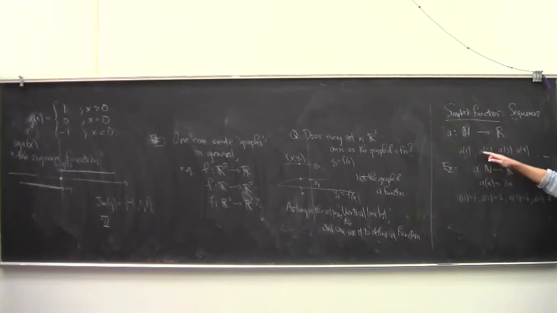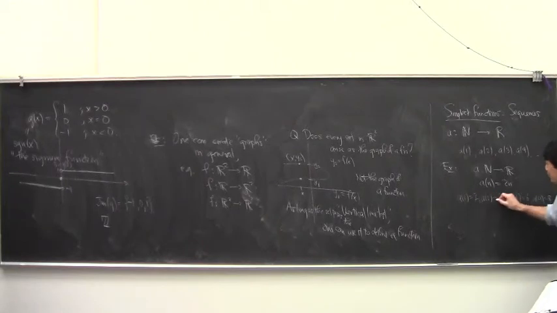This function's output gives you a sequence, and that's why we call these things sequences. It gives you the sequence 2, 4, 6, 8, namely the sequence of even numbers.